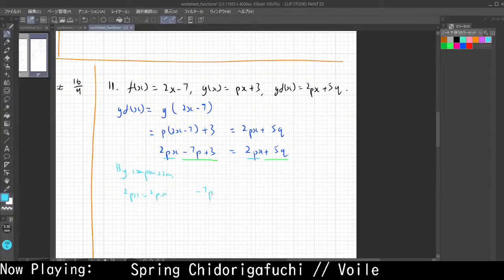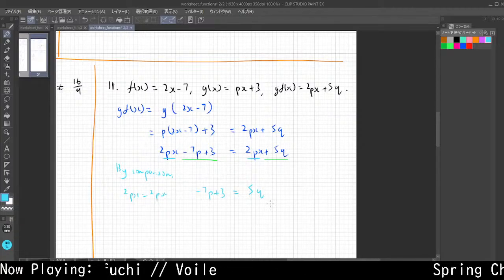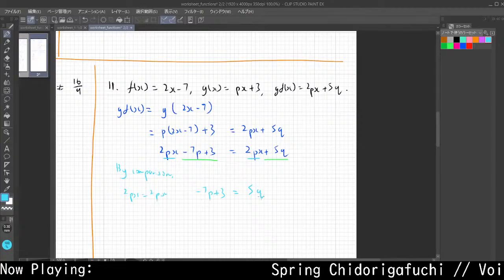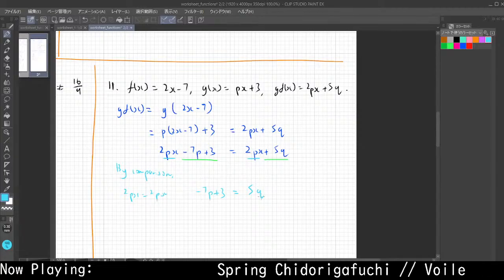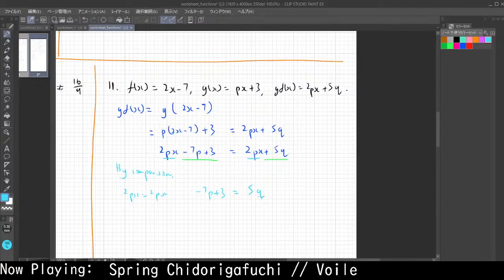Then your negative 7p plus 3 will be equal to your 5q. So express q in terms of p. Expressing q in terms of p means we want to isolate q, so q will stay on the left hand side.